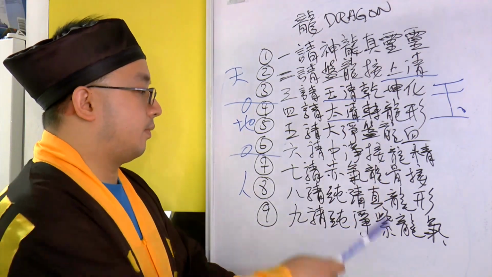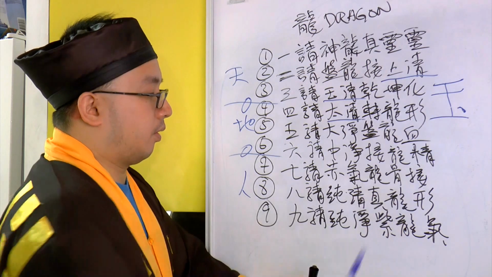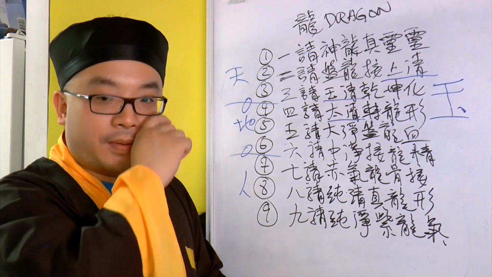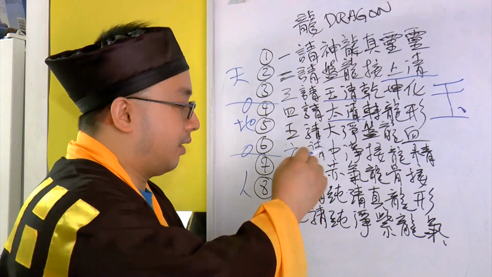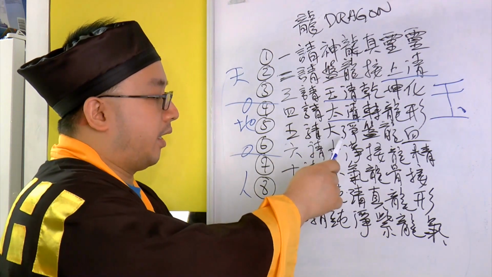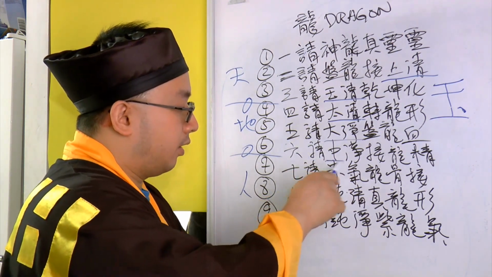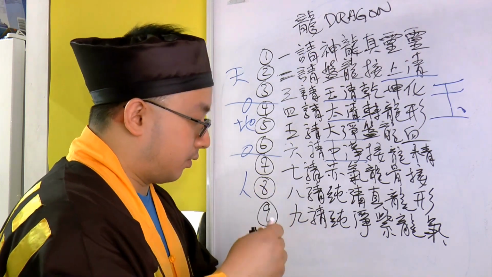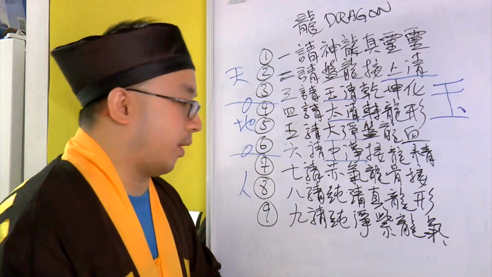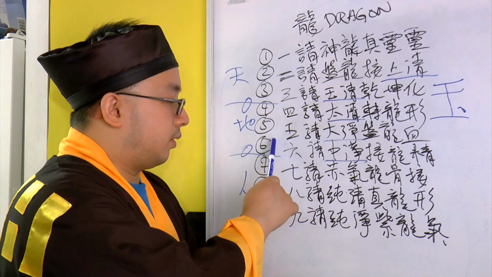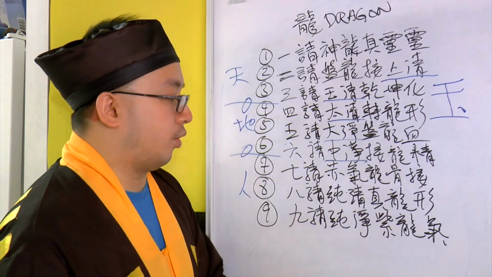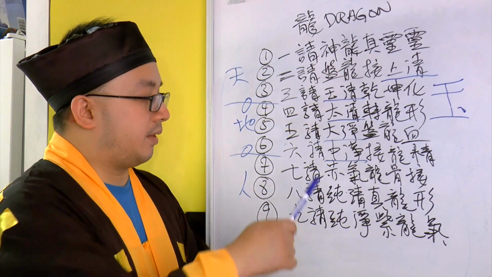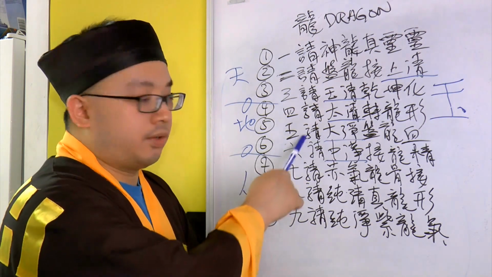轉龍形. 5請大淨盤龍血. Now, as we talked about before in our other lectures, the word 淨, as in 清淨, 淨 is just to process. We have 大, 中, and so there's 大淨 and there's a 小淨, but we didn't write it here. So 5請大淨盤龍血. Now this is number 5 stage.